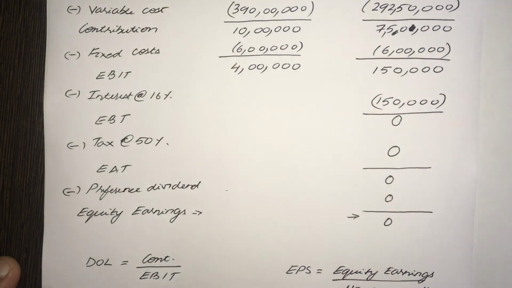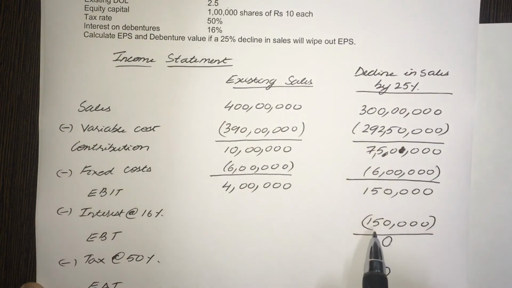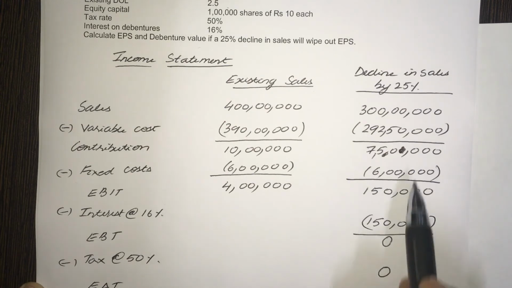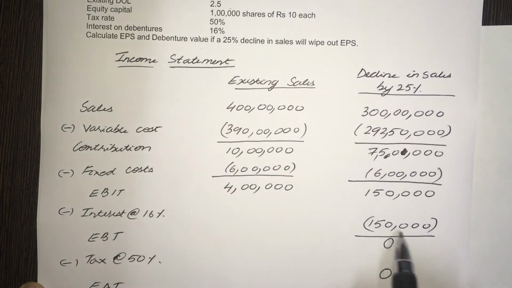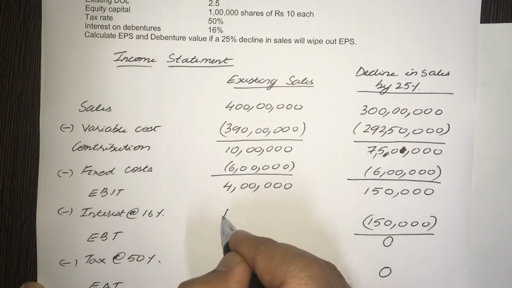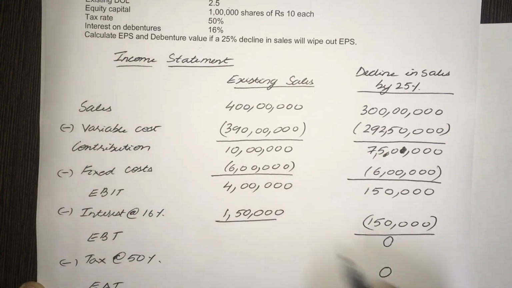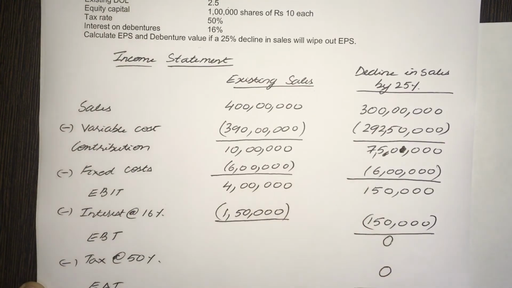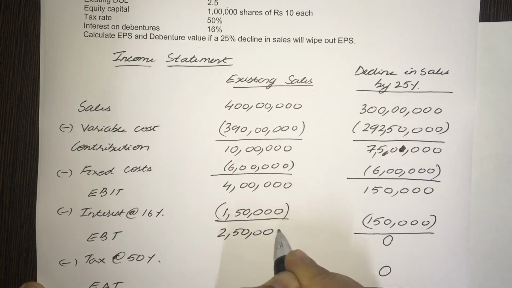Now again, just like fixed cost does not change, the interest on debenture value will also not change whether there's a decline or increase in sales. So if it is 1 lakh 50,000 here, it will also be 1 lakh 50,000. So EBT will be 4 lakhs minus 1 lakh 50,000, which is 2 lakhs 50,000.